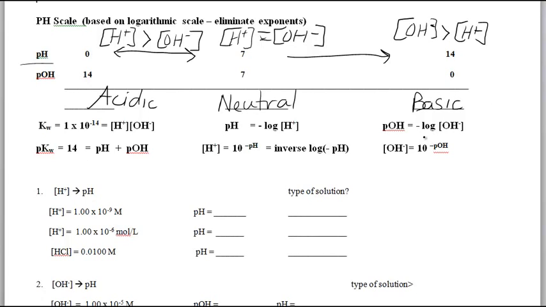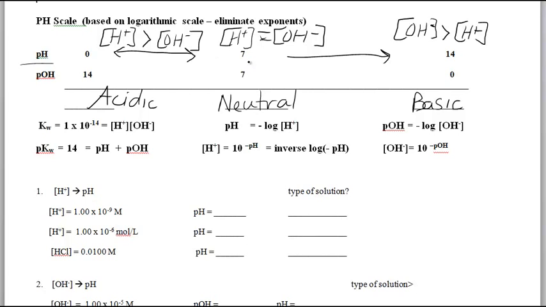So anything above 7 is going to be basic, a pH above 7. Okay, well things got kind of clumsy here, and the pH, the log of this, is the one you're most common with. You can also take the log of your OH, and you get a pOH. And if you notice, there's a relationship here.